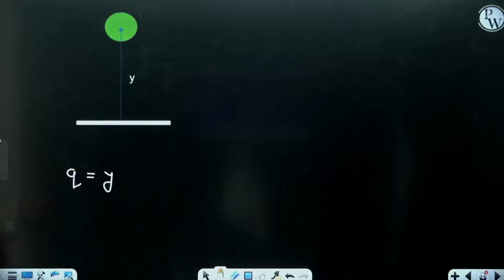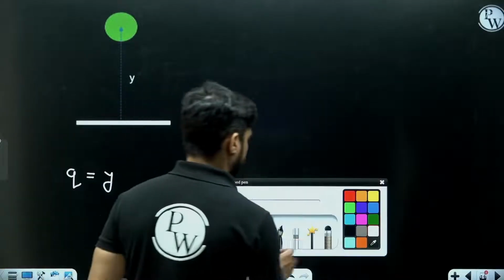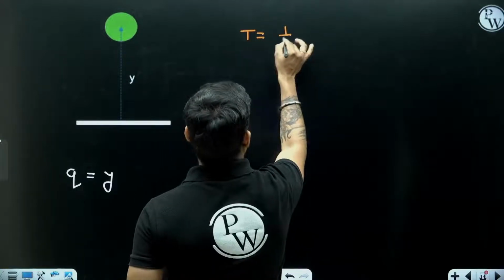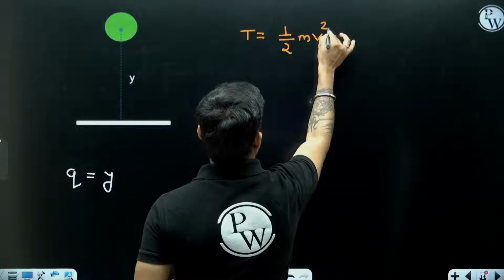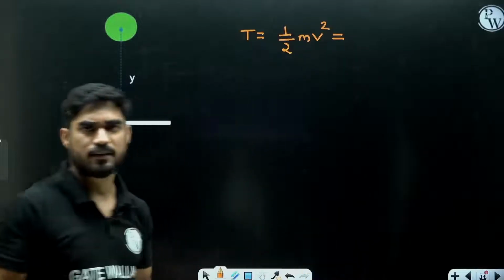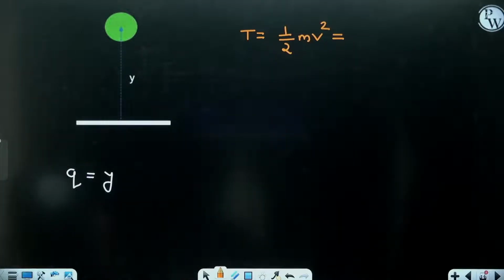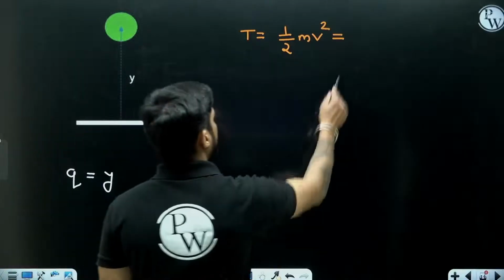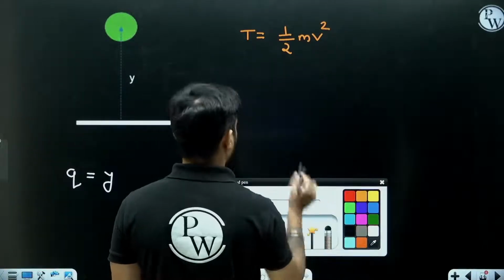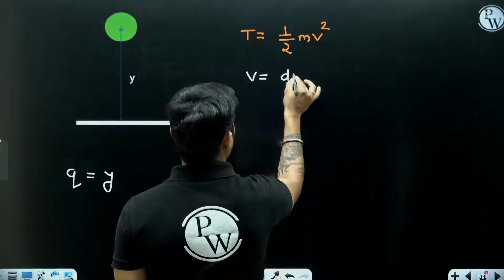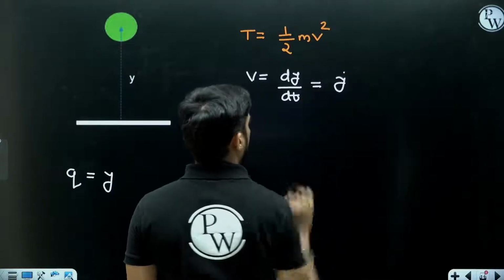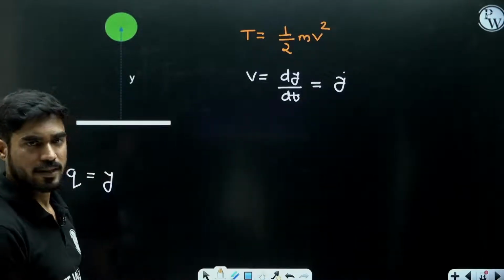Now, what will be the kinetic energy? It will be half mv square. It is translation motion, right? Pure translation motion. So T will be equal to half mv square. Now the velocity v can be written as dy by dt, and dy by dt can be written as y dot, right?